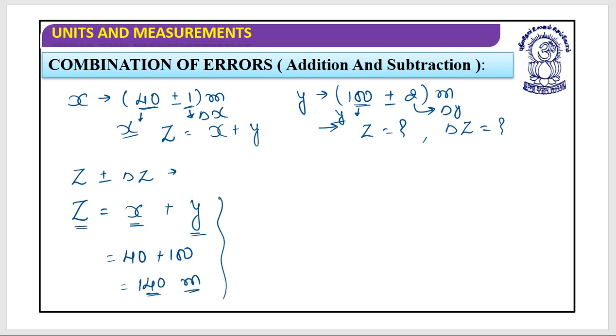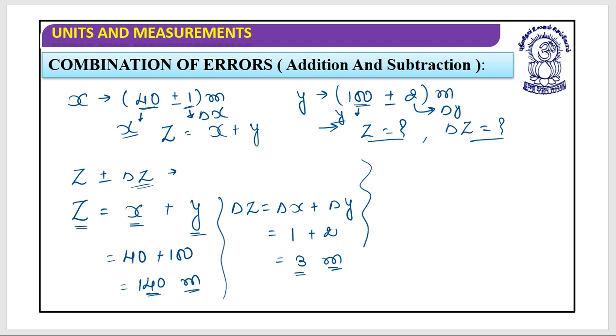Now what is delta z? The delta z would be error in x plus error in y. What is error in x? It's 1. Error in y, it's 2. So this comes to 3. So delta z is equal to 3. Now our task is done: z and delta z.